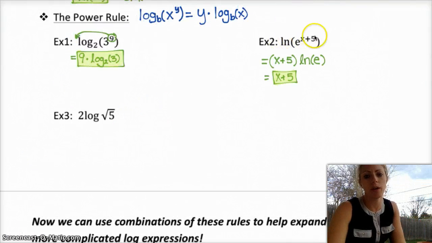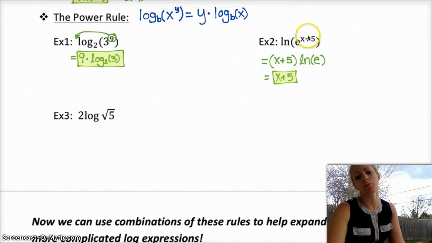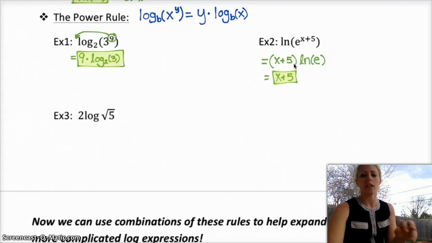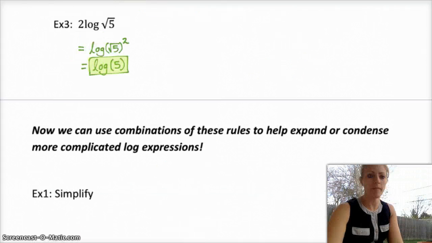Okay, so example 2, x plus 5 is the exponent, so you can bring that out front as the quantity x plus 5, times the natural log of e. Natural log of e just equals 1, so it's x plus 5 times 1, which is just x plus 5. And the last example is 2 times log of root 5.